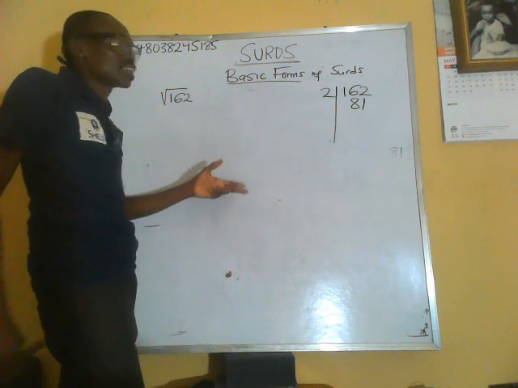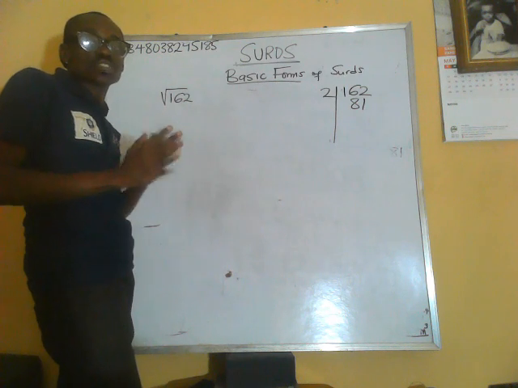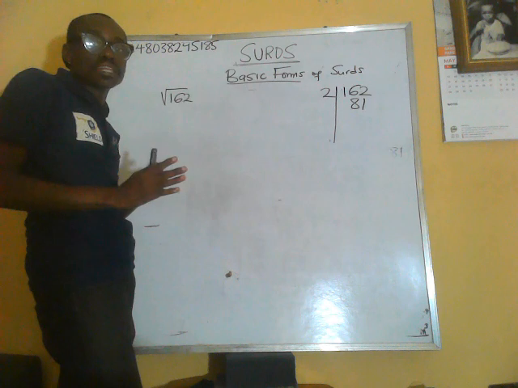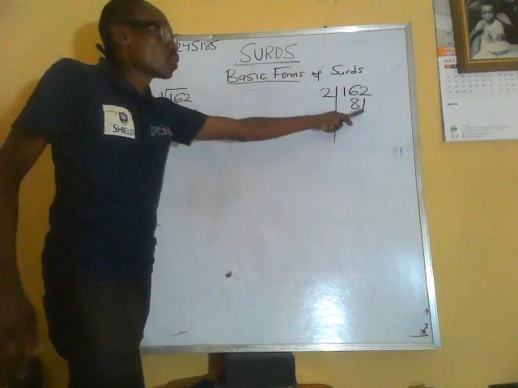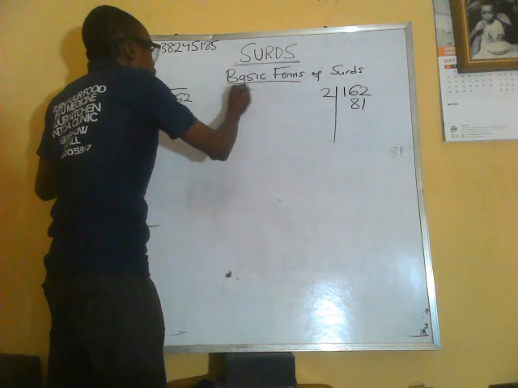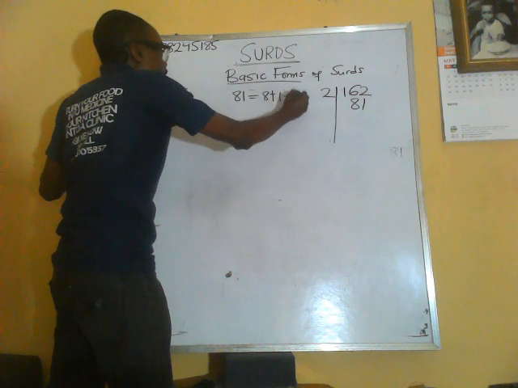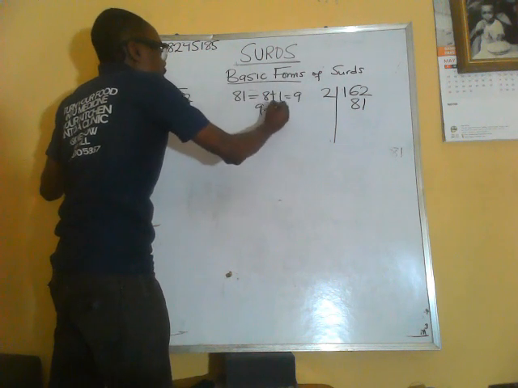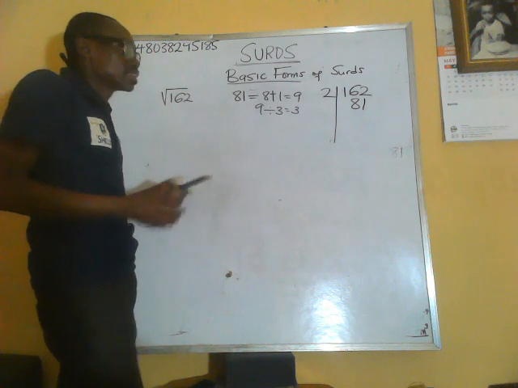Can 3 go in it? Let's check. How do we know if 3 can divide a number? If the sum of the digits is divisible by 3, that means 3 can go in. So let's test. 8 plus 1 for 81 is 9, and 9 is divisible by 3. So that means 81 can be divided by 3.